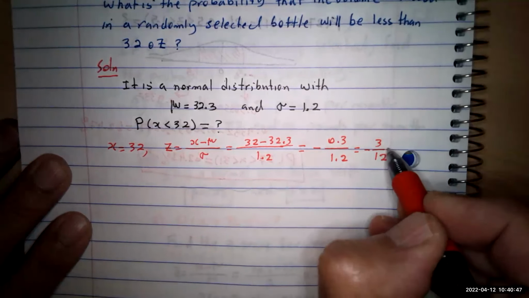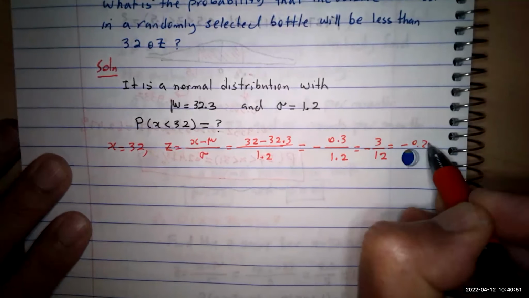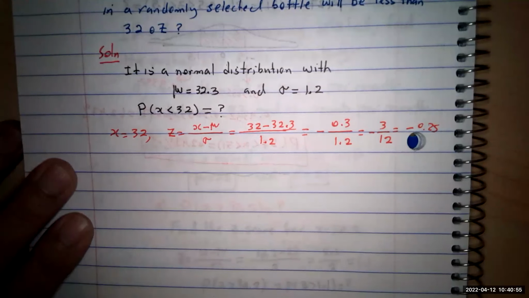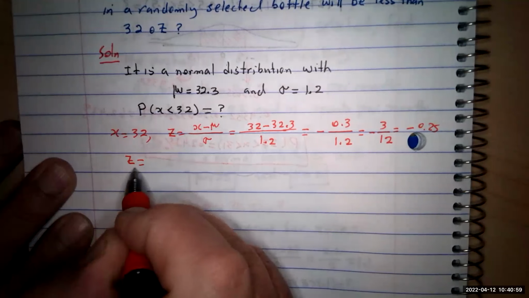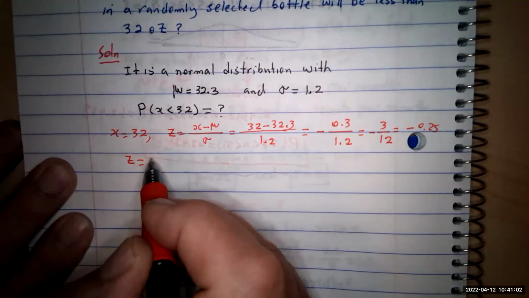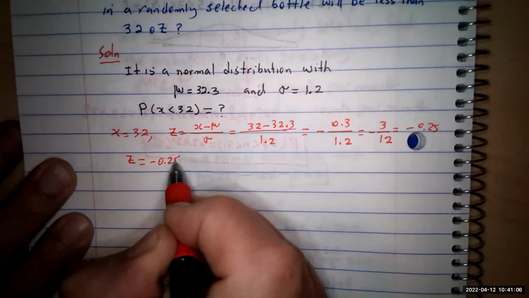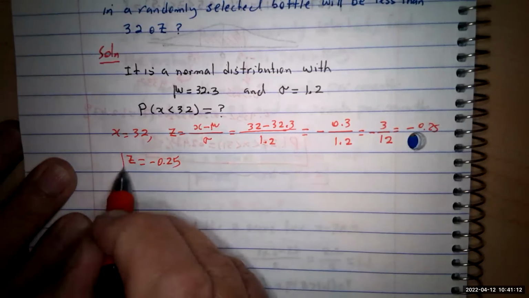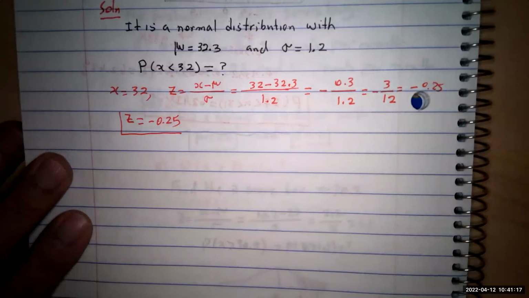So this is going to be negative 0.25. Remember the z numbers need two decimal places. So the z-score is negative 0.25. That was 32.3, a bigger number, so that's going to be a negative number.